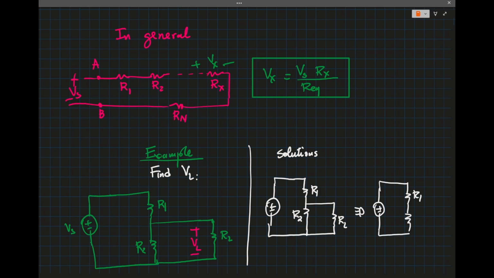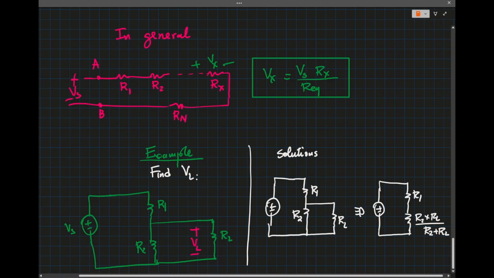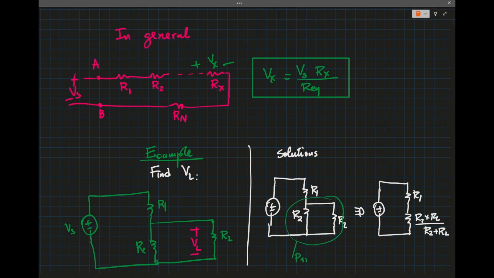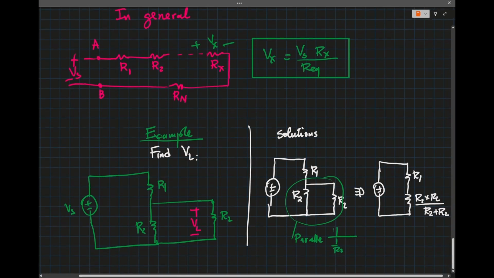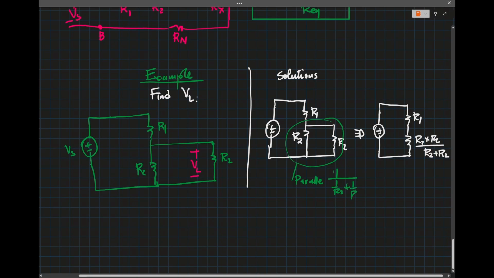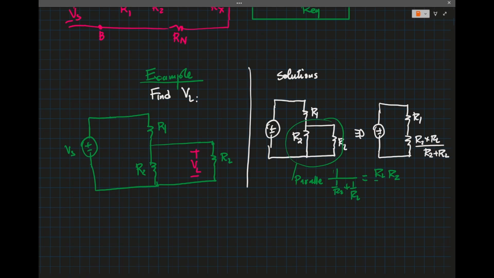Then here is R2 times our load divided by R2 plus our load, because these two are in parallel. It's 1 over R2 plus 1 over R load, which is R load R2 over R load plus R2. That's what I have in there.